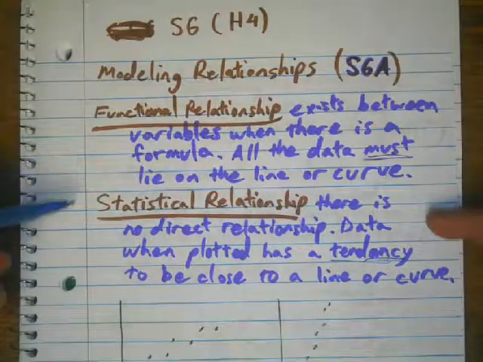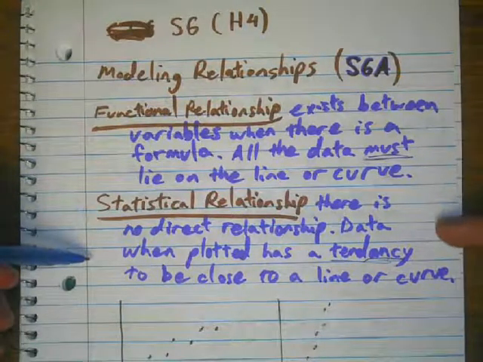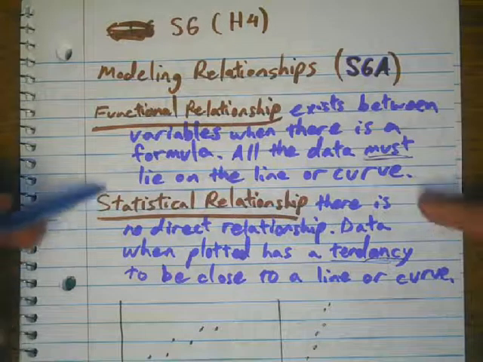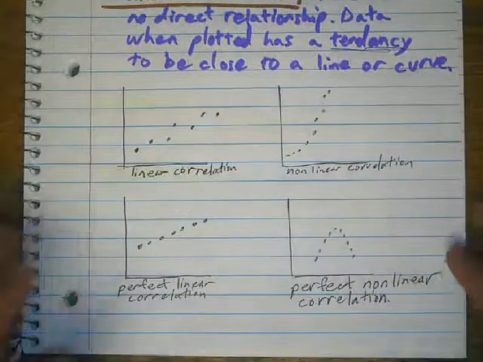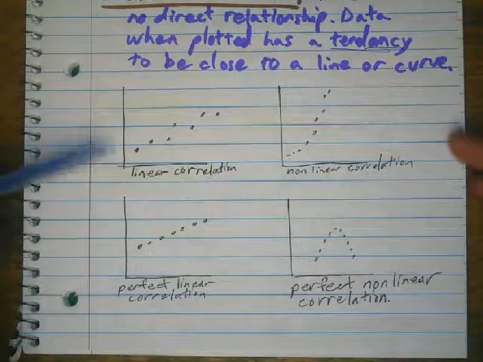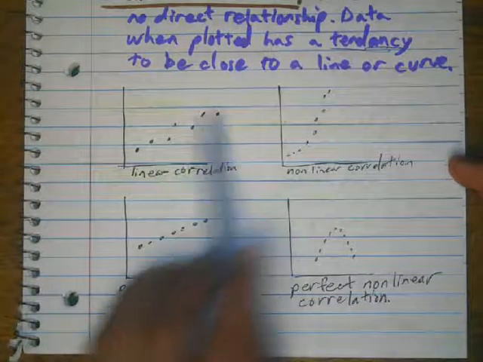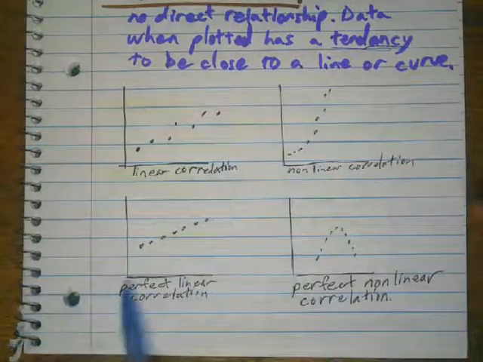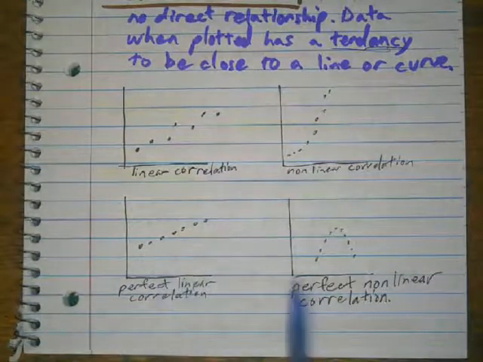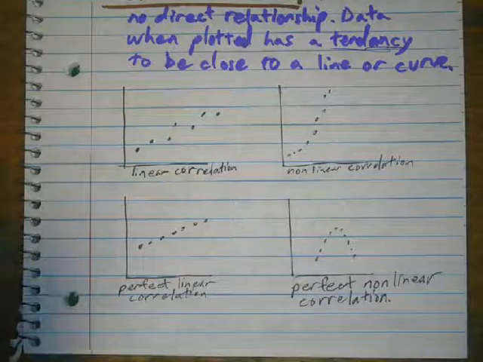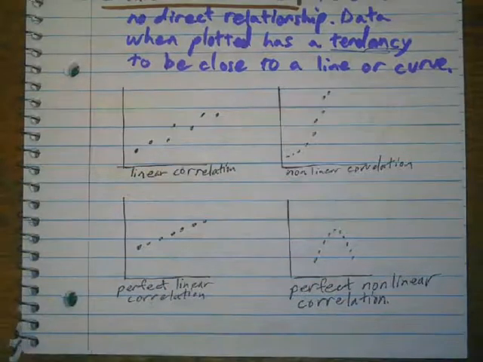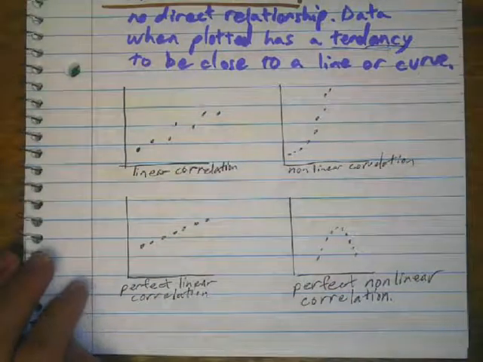So statistical relationships happen when you have an experiment. So when you're dealing with modeling relationships, you could have linear correlations, nonlinear correlations, perfect linear correlations, perfect nonlinear correlations, and that's pretty much all you need to know for Section 6A.